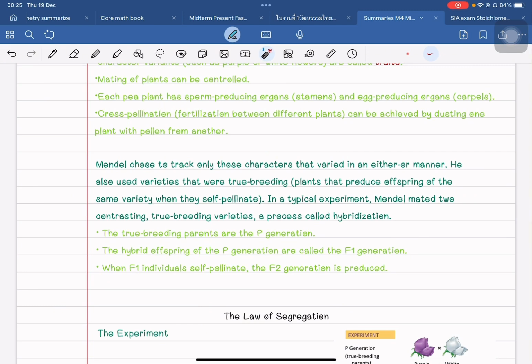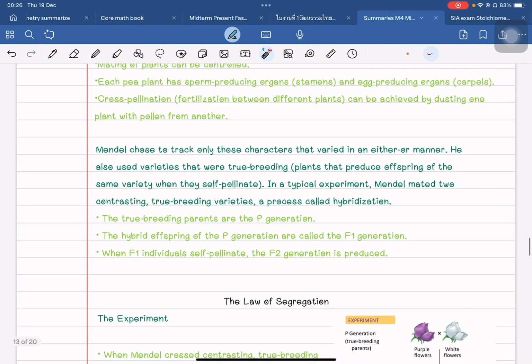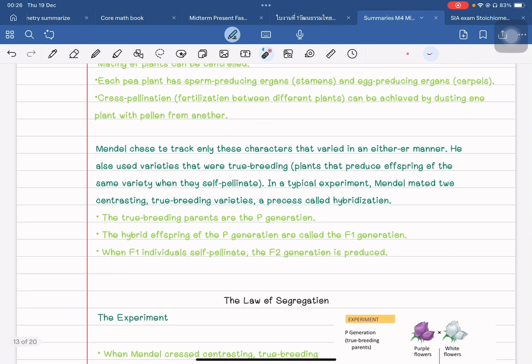In a typical experiment, Mendel made a cross between true-breeding varieties, a process called hybridization. The true-breeding parents are called the P generation, and the hybrid offspring of the P generation are called the F1 generation. When the F1 individuals self-pollinate, what gets produced is the F2 generation.